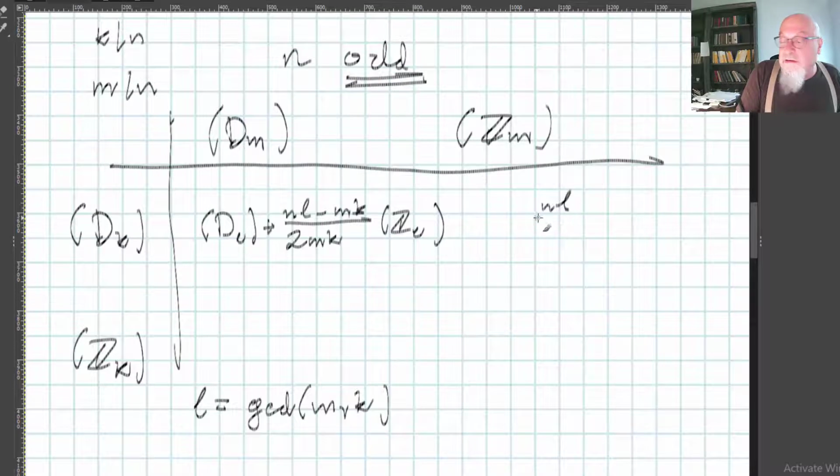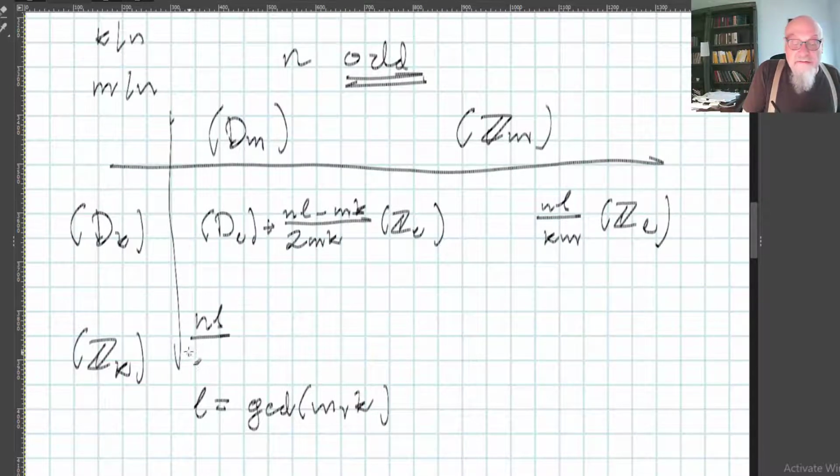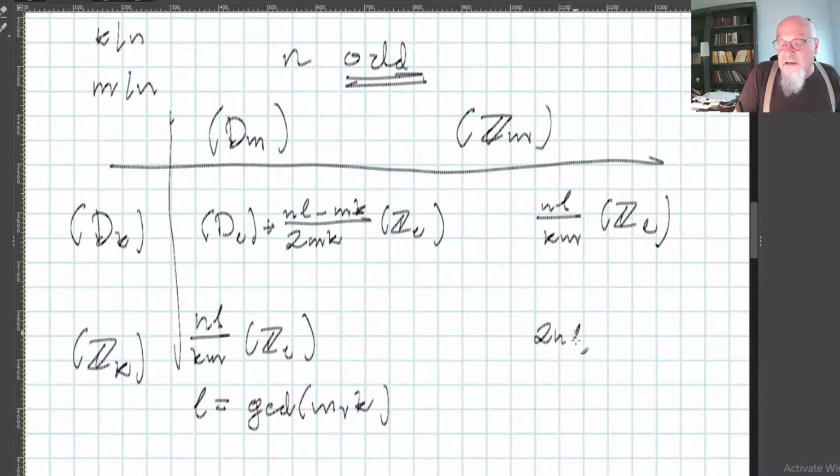Here we have nl divided by km zl, and then here I have here nl divided by km zl, and finally nl divided by km zl.